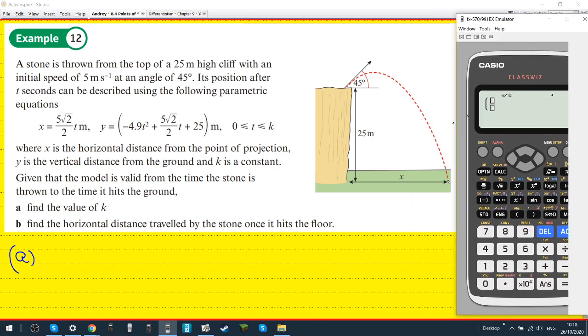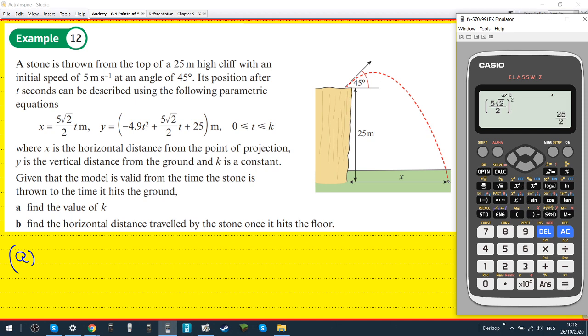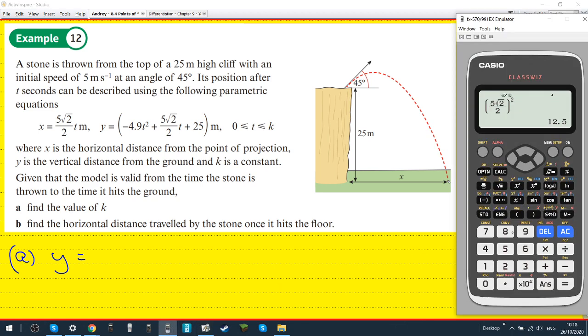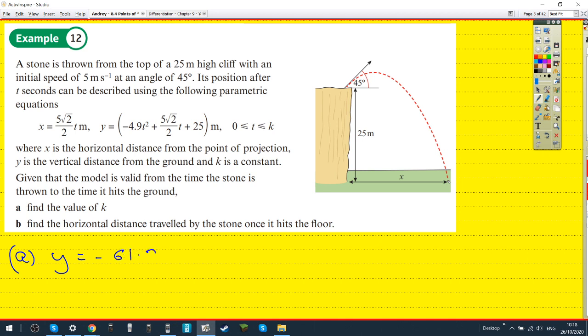T is a variable, so I won't have just one value to solve. So that one is 12.5. Okay. Minus 61.25. No. Yeah.